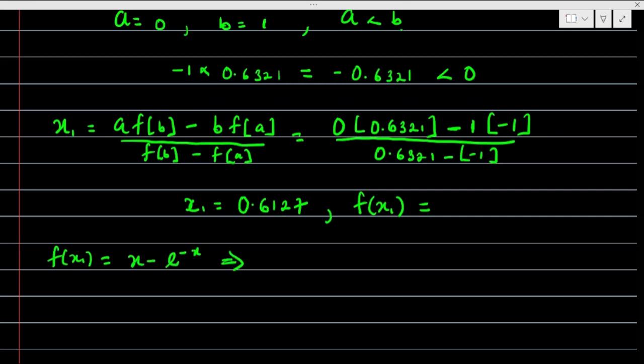You can see that our f of x1, with x1 being 0.6127, will become 0.6127 minus e raised to power minus 0.6127, and this will give us 0.0708.